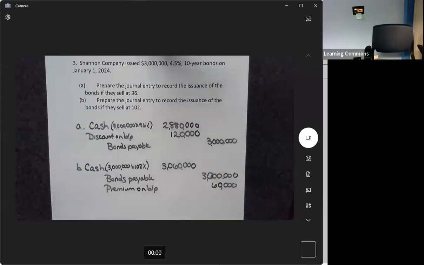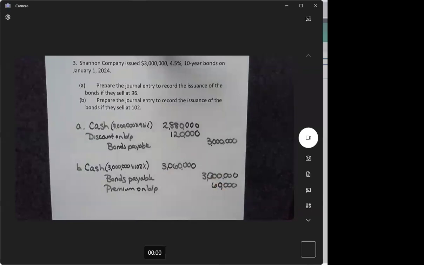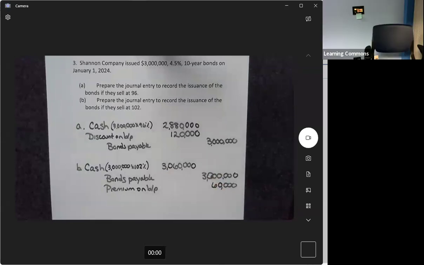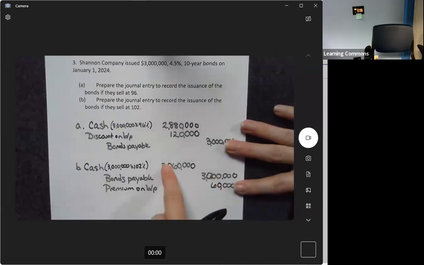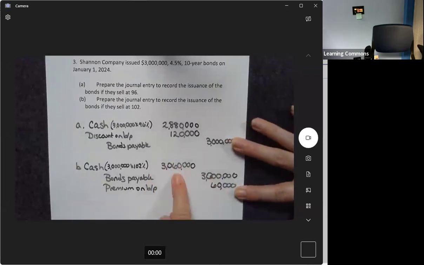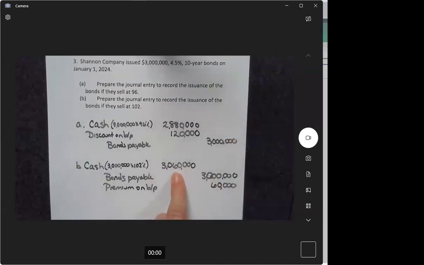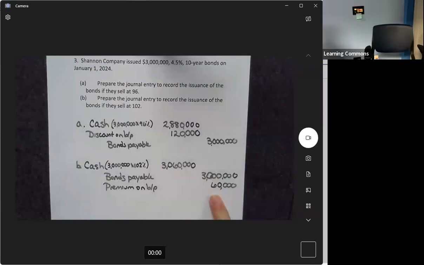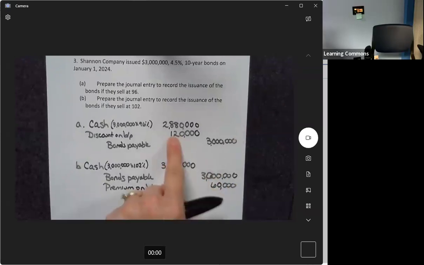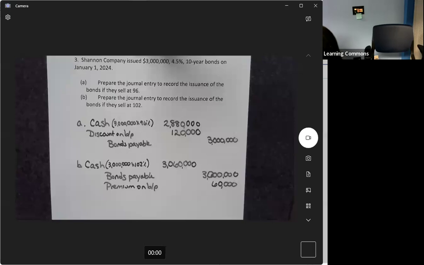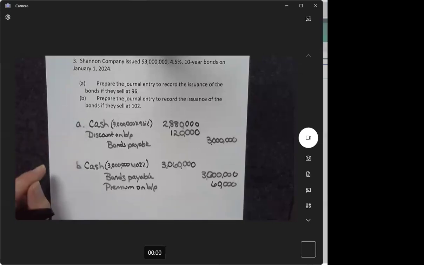Double entry means there's 2 entries for every transaction, or at least 2, because we know that every transaction has to have an equal dollar amount of debits as we have credits, which is how we're going to figure out that discount or premium in those situations to balance that out. Questions about that?